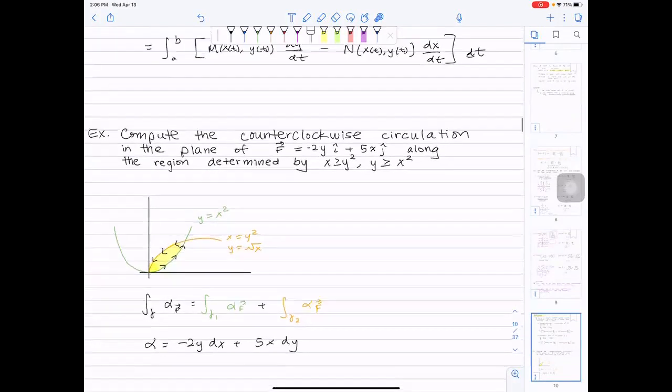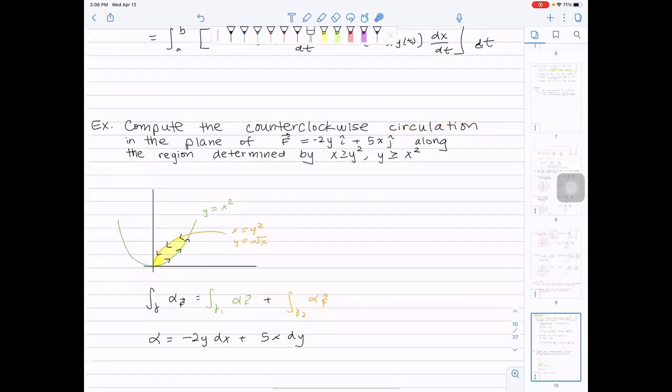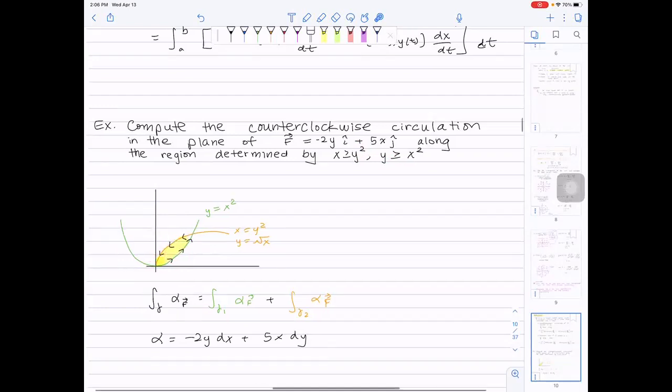It says, compute the counterclockwise circulation in the plane of this vector field along the region determined by this highlighted region, which I drew out. So x should be greater than or equal to y squared, so it's below the orange line, and y should be greater than or equal to x squared, so it's above the green line.